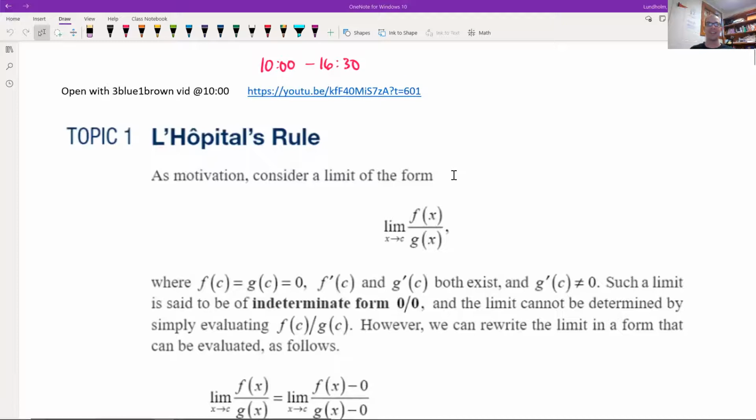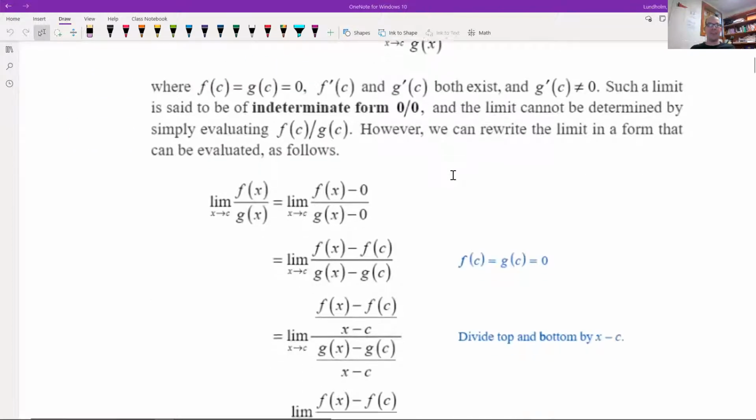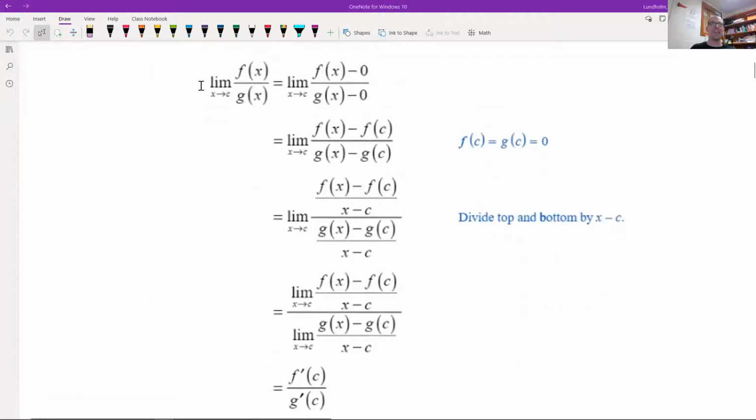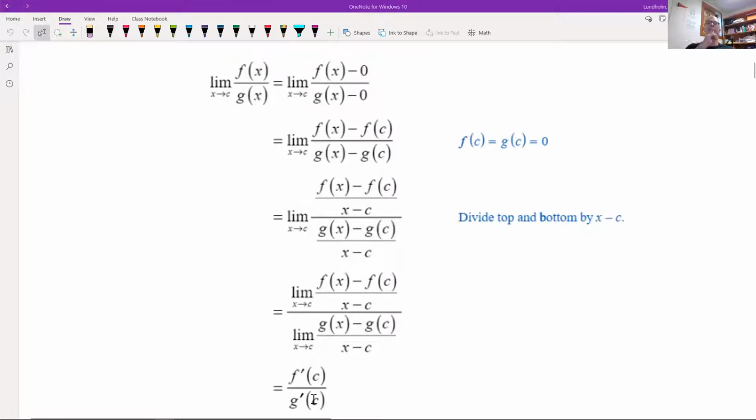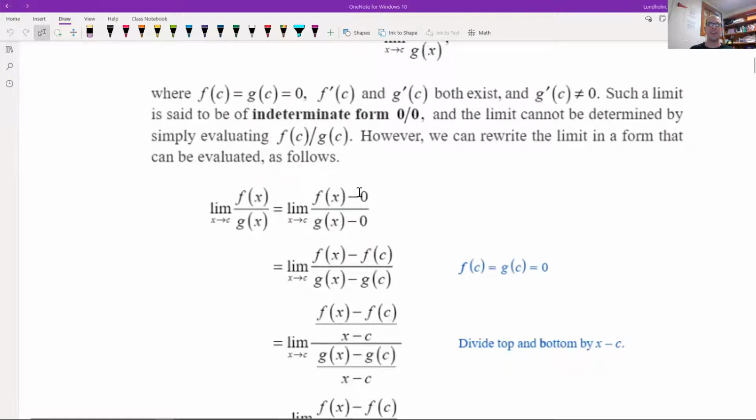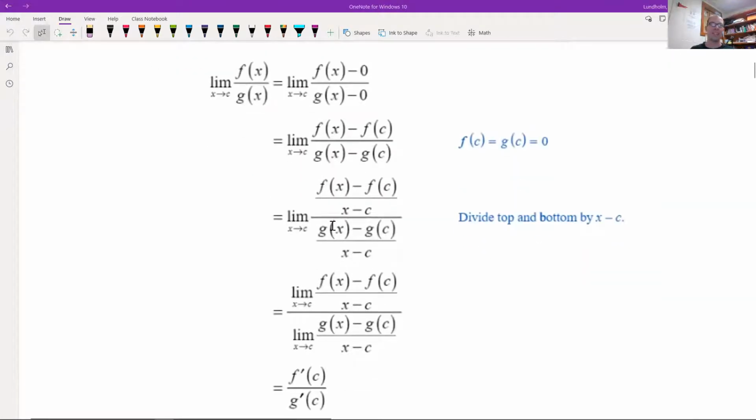Okay, here we go. So you just looked at L'Hopital's rule. It means the limit as x approaches some interesting number of this ratio of two functions ends up being equivalent to the limit of the ratio of their derivatives. And here is a sequence of equivalent limits that gets down to there.